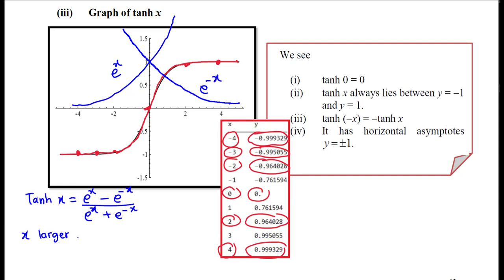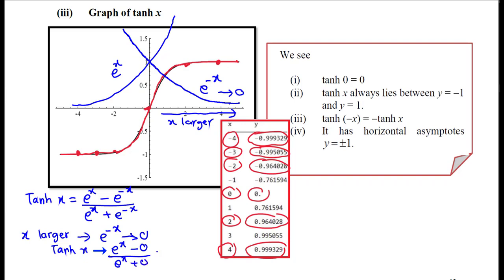When x is larger, e power of negative x approaches 0. So hyperbolic tangent x approaches e^x minus 0 divided by e^x plus 0, so we get 1 here.